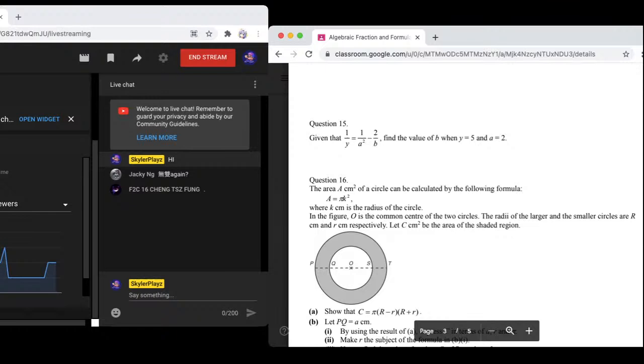And then 0.2 equals 0.25 minus 2 over b, and therefore 2 divided by b equals 0.05. Is that correct? Yes. Okay. So b equals 40. 36.